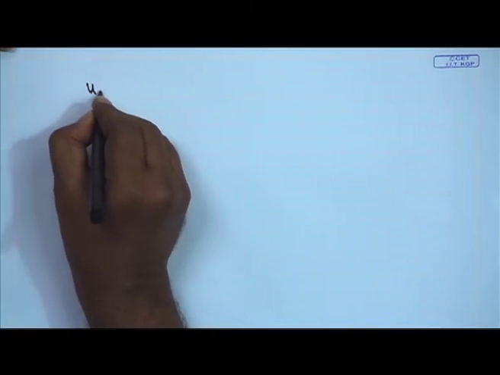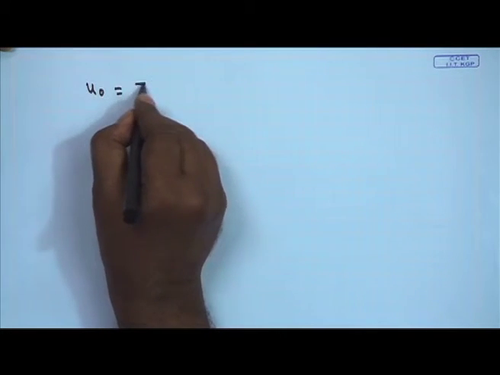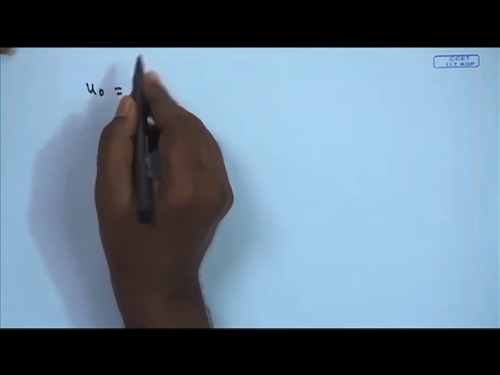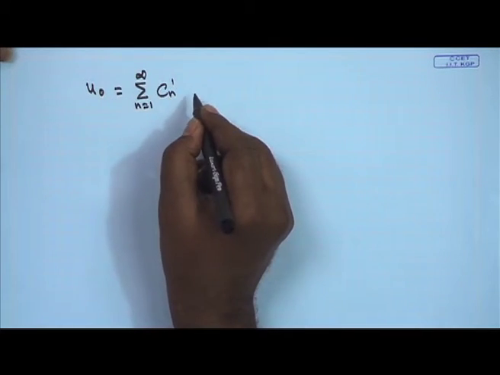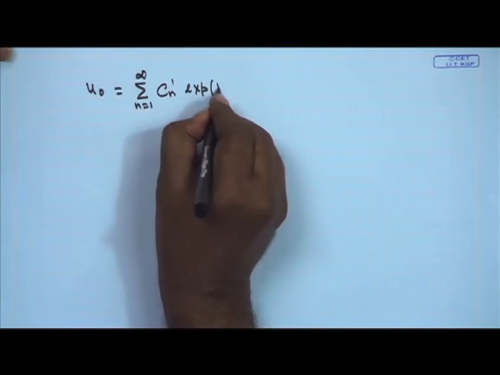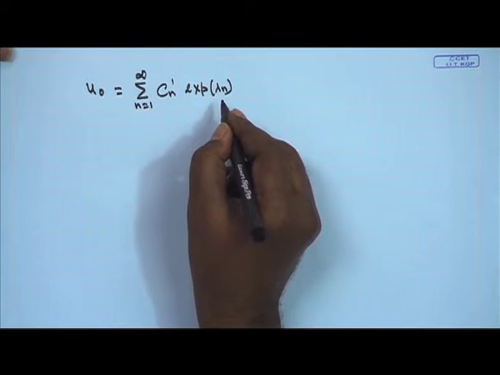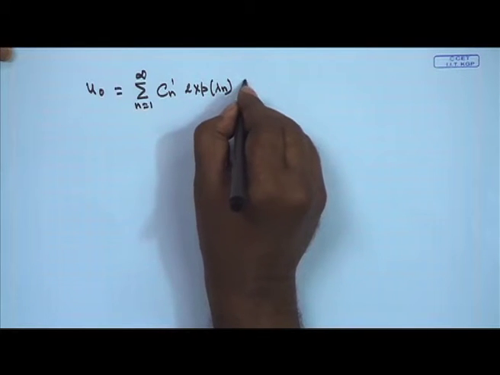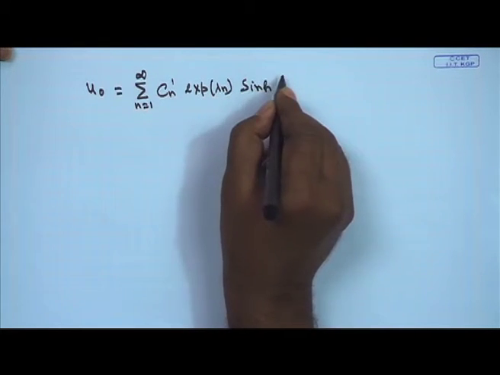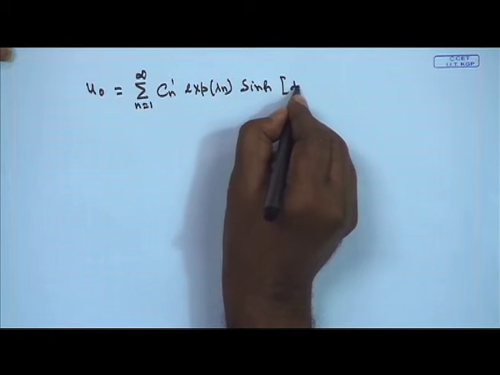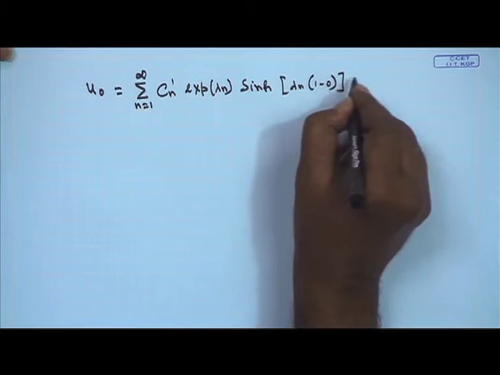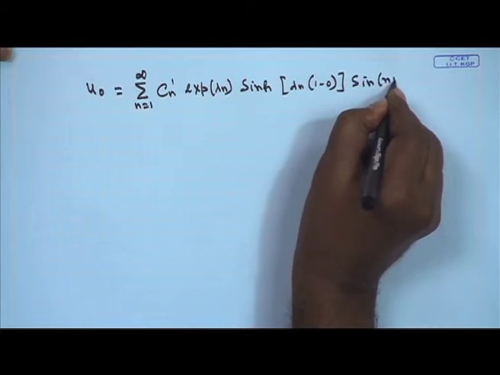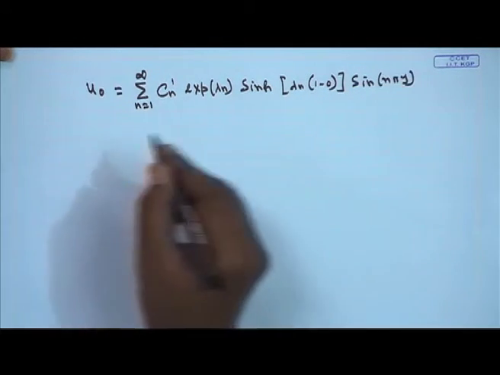If we put that boundary condition, we will be getting u is equal to u naught summation n is equal to 1 to infinity Cn prime exponential lambda n sine hyperbolic lambda n (1 minus 0, that is x equal to 0) sine n pi y.